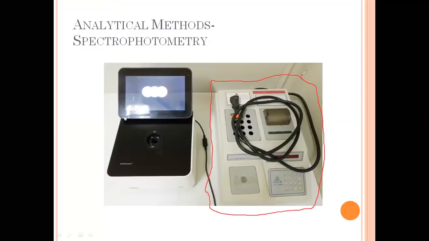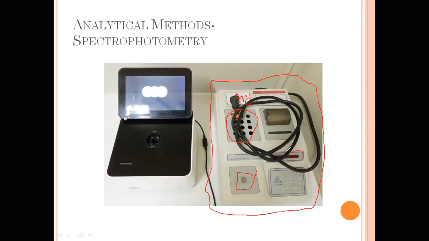As you can see here, these are the cuvette ports. We could place our cuvettes there, especially when the reaction needs to take place at 37 degrees Celsius, because it is temperature controlled. This is where we insert our cuvette whenever it's ready for reading.